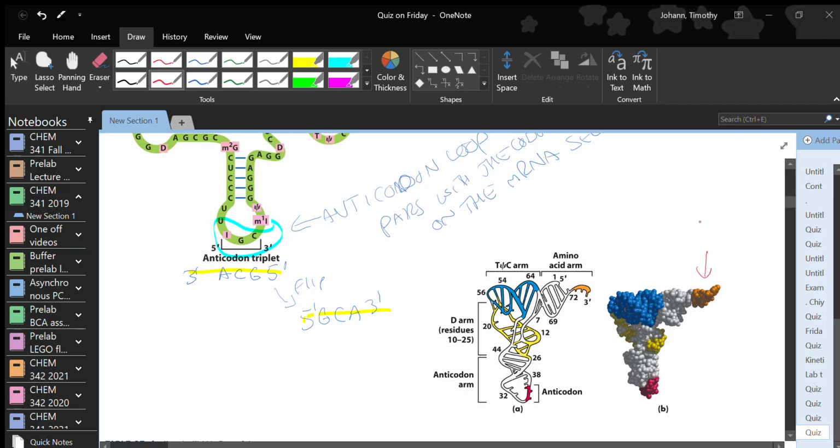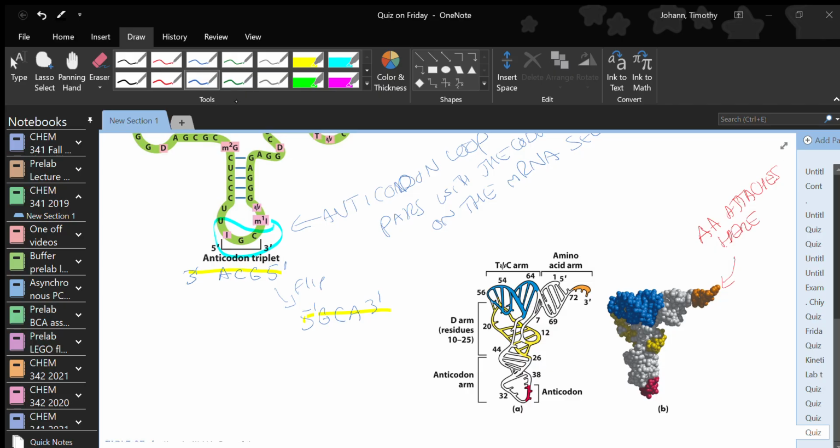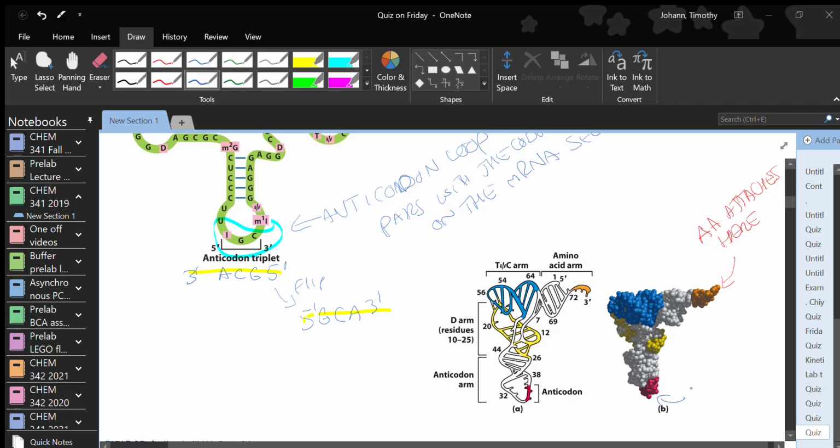So this is where the amino acid attaches, and really, the amino acid attaches here. And this is where our anticodon loop is.